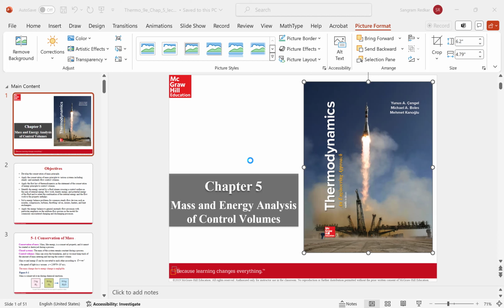So you increase the velocity. In other words, if you have a converging nozzle, the velocity increases. Do you agree with me? Everyone agrees?